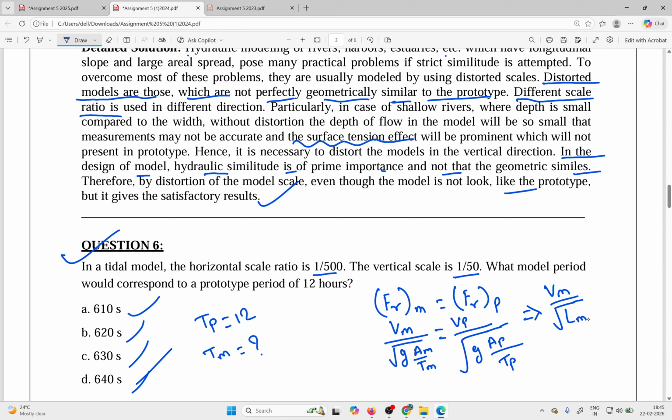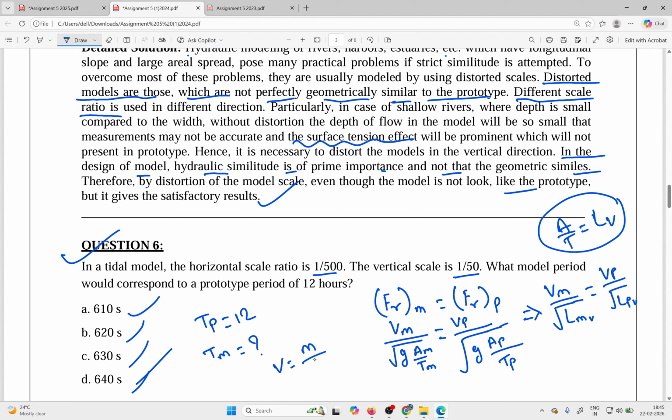This is for the vertical, because area by top width gives you the length parameter in the vertical direction, remember please. And Lm by Vp by Lp vertical. Now your velocity is what?